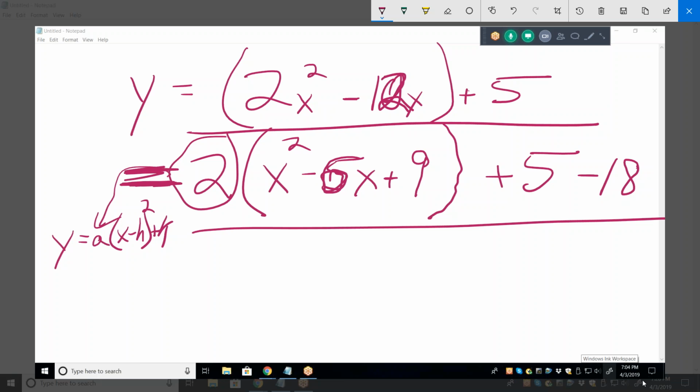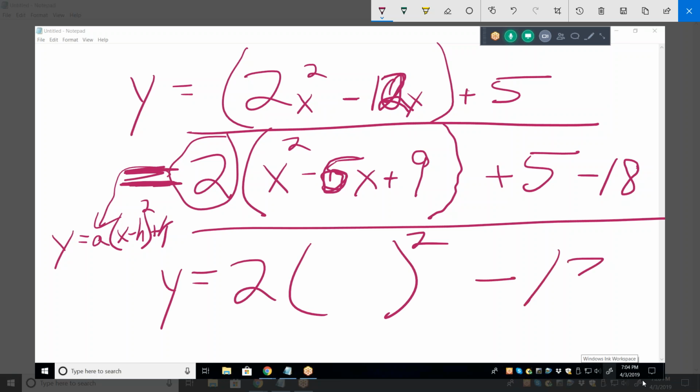And furthermore, I can write it as what? 2 times, remember, it should look like x minus some number squared. This is minus 13 over here when I combine those. So what is it going to be? X what? First of all, is it a plus or a minus?